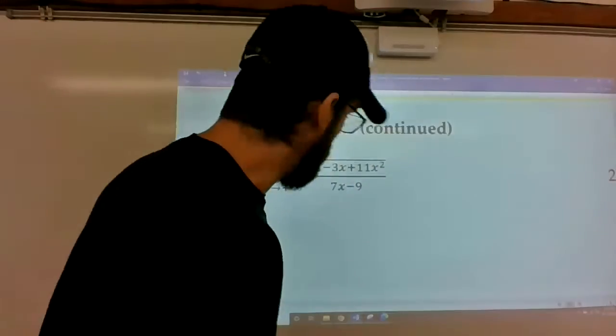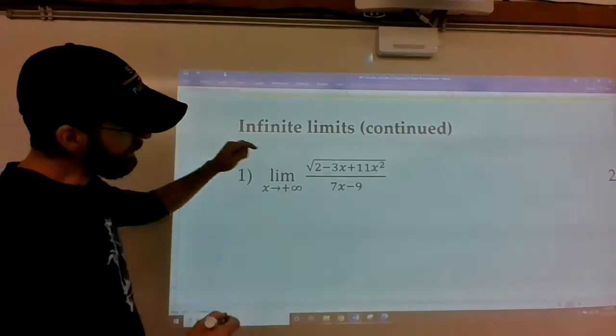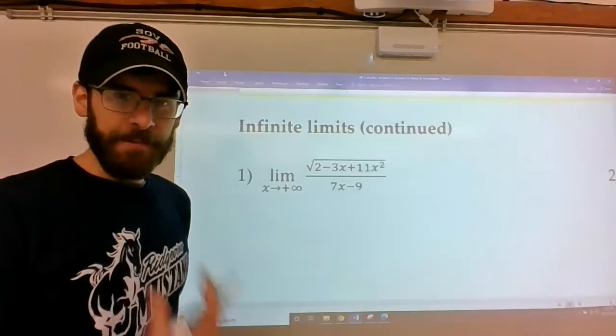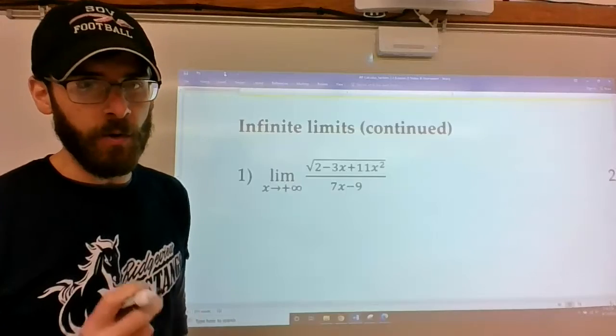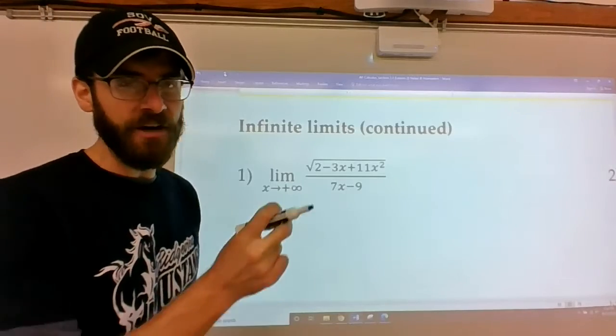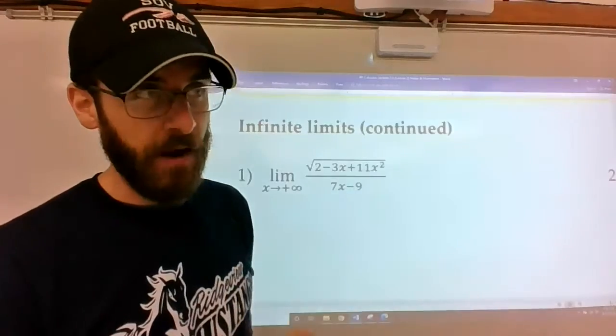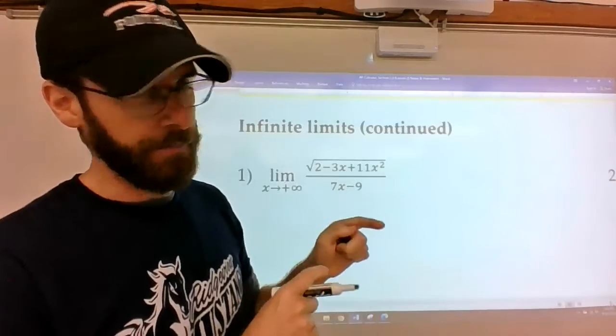So if you guys recall, rational functions that were approaching infinity, the name of the game was dividing by the biggest power on the bottom and on the top. So you divide by the biggest power on the bottom, both top and bottom.